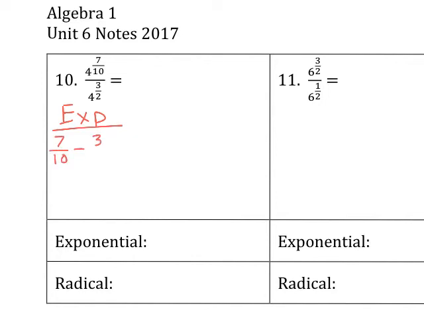Those are not common denominators. So I'm going to leave the first one 10 and make the second one 10 by multiplying by 5 on top and bottom. So it's going to be 7 over 10 minus 15 over 10. So that's going to be negative 8 over 10?